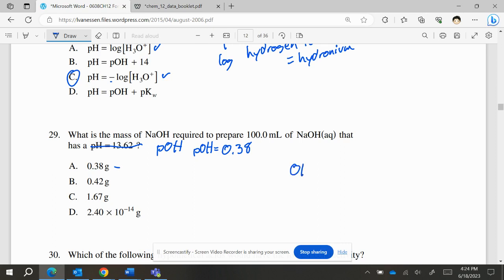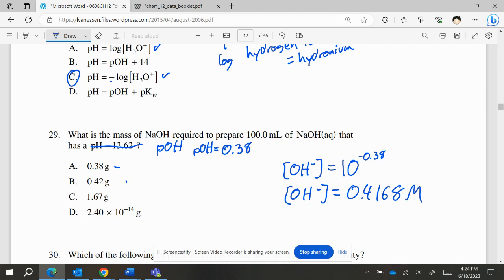Now I actually want my OH- concentration, so I'm going to take the antilog, or 10 to the minus 0.38, and so my OH- concentration equals 10 to the minus 0.38, and I get 0.4168, and that's molarity.